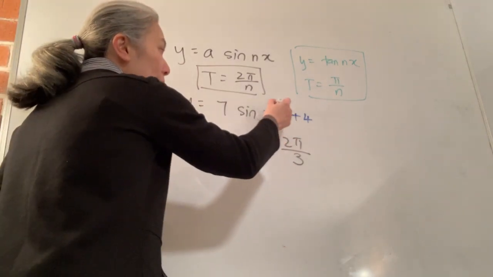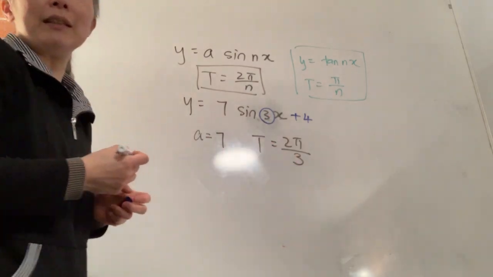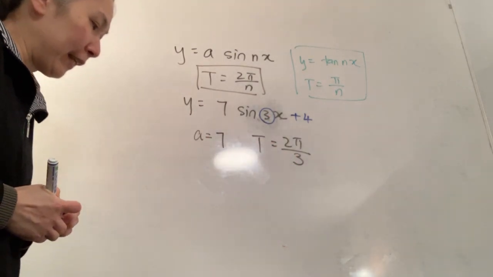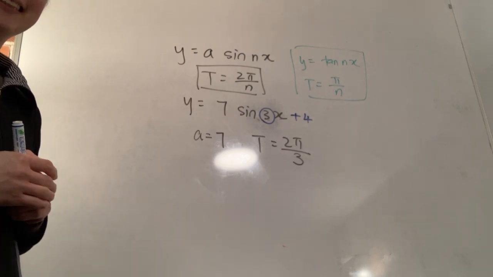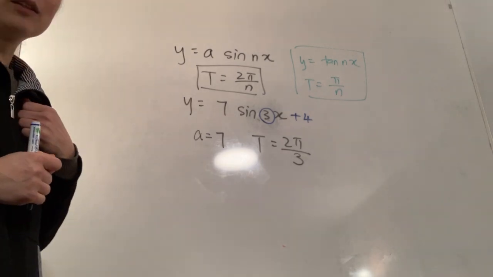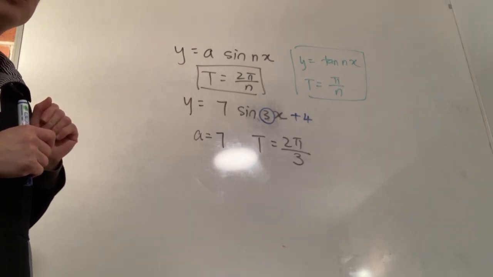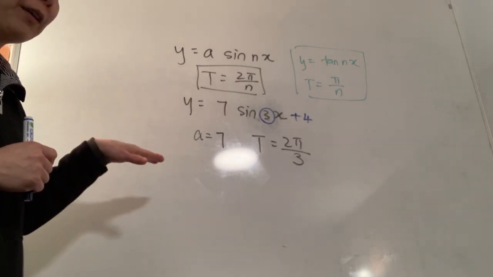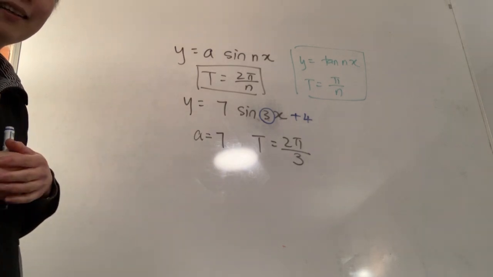For the period, you look for the number with the x together. This is the number beside the period. So according to what you have in here, what is the number that goes with the x? Ignore all the rest of the numbers. I'm going to look after the trig, after the sine.